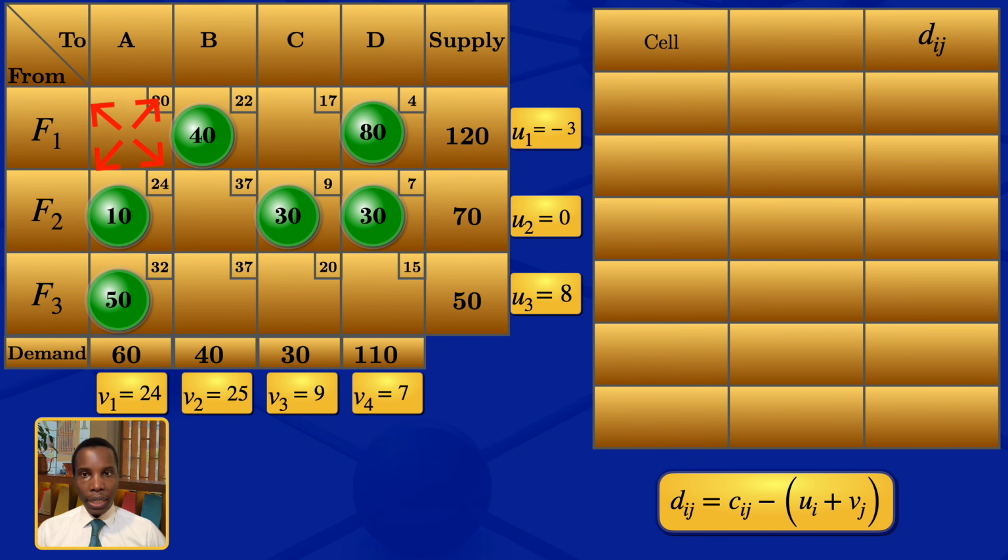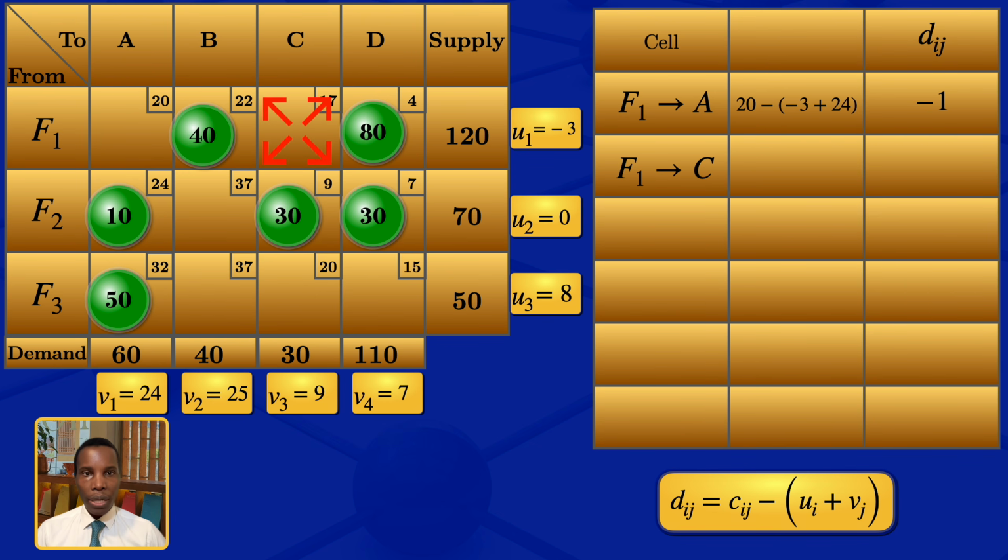We start with cell F1 to A: the cost 20, minus the sum of these two values, which is 20 minus (minus 3 plus 24), giving us minus 1.